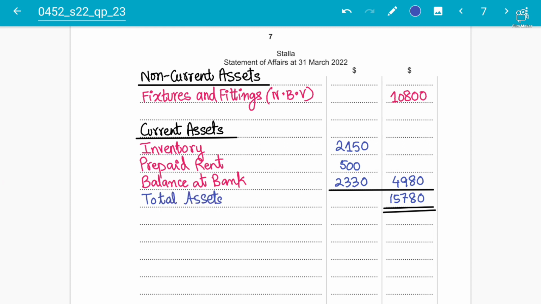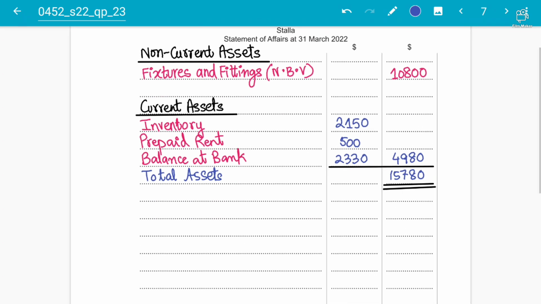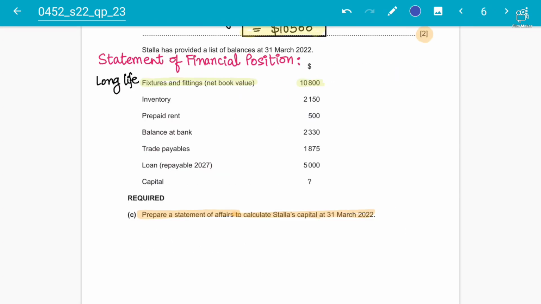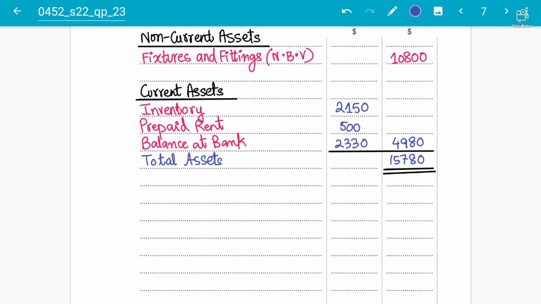Okay, and then when you are finished with the asset section, you have to deal with the liabilities and the capital section. So how are you going to find the capital and liabilities section? Let's put the heading capital and liabilities here. It's going to be very simple because the next missing item in the incomplete records that we are working out is basically capital and liabilities.